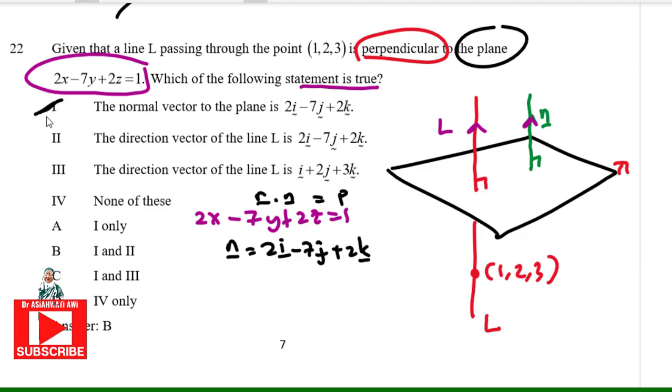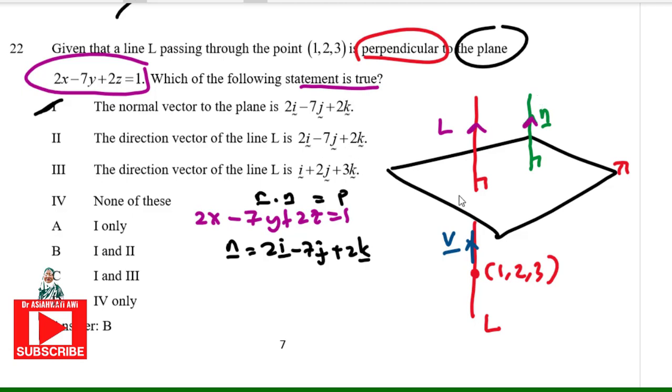The next is the direction vector of L. Direction vector V is 2, negative 7, and 2.